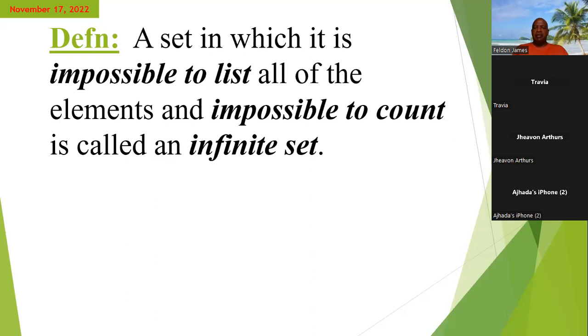So if we're thinking about the stars in the heaven, then you may have a real challenge to count them. So it is somewhat impossible to count all the stars in the heaven, and even to list them, if you're naming them and listing them. So in that case, that would be an infinite set.